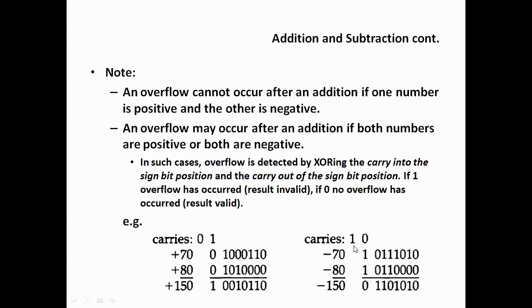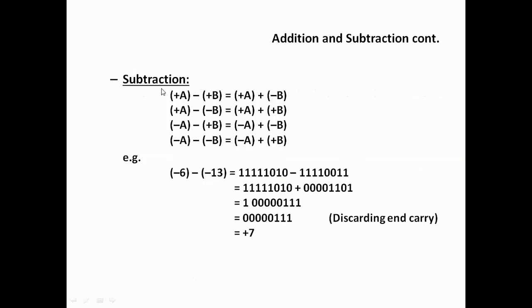So there is a 1 in the 9th bit position and a 0 here. So again the XOR is 1. That means this answer is not valid. This number is not 150. It cannot be stored.